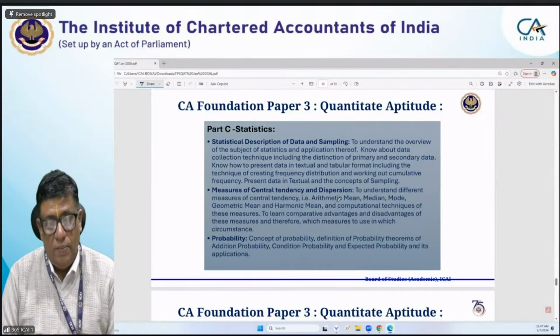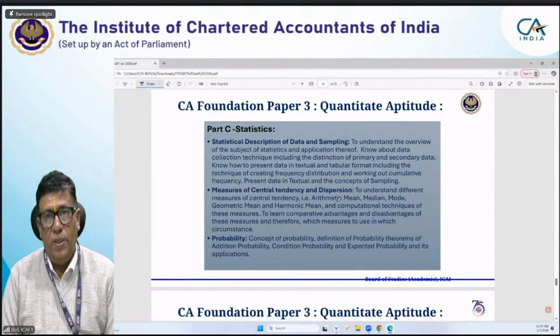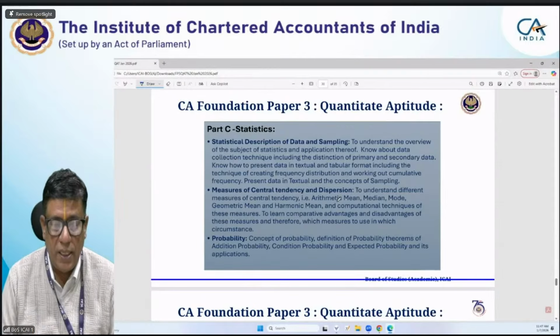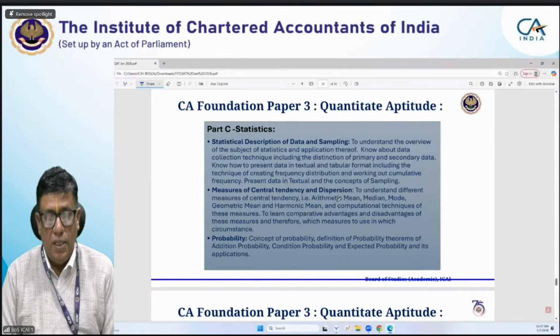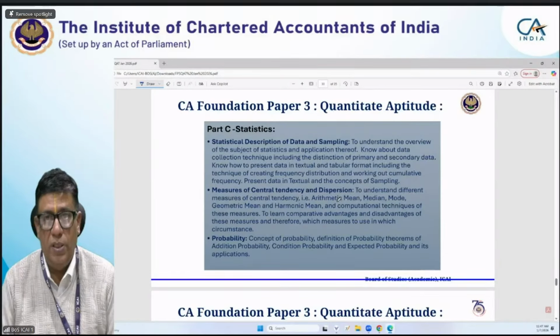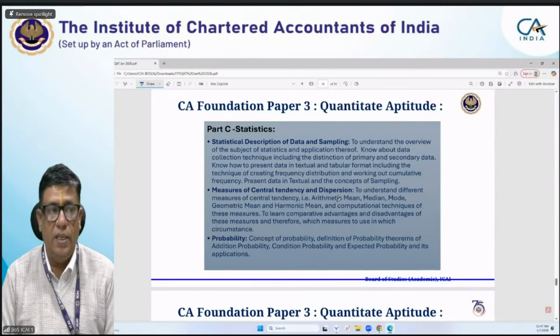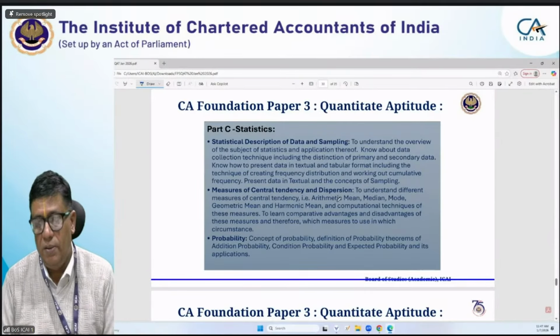Now come to the measures of dispersion, which show how the data is spread from the central position. There are absolute measures of dispersion and relative measures of dispersion.